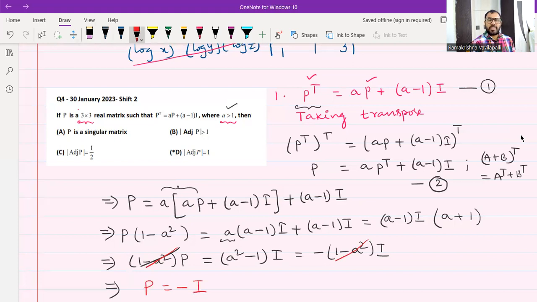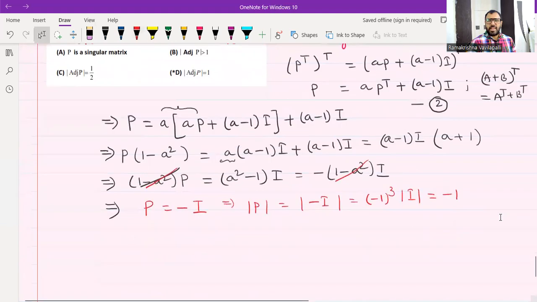Here P is a 3 by 3 matrix. So they are asking what is the determinant of adjoint of P, right? From this, you can find that det P equals determinant of minus I, which is minus 1 whole cube into det I. This is equal to minus 1. Now what else is left?